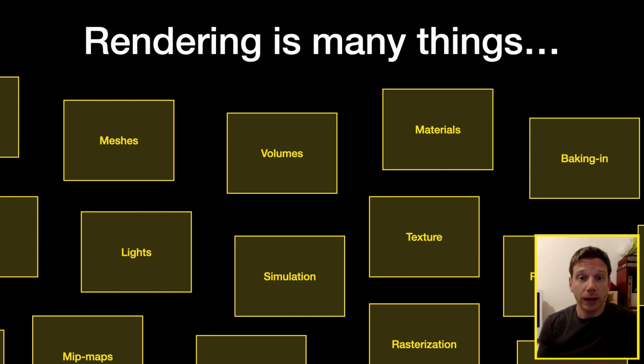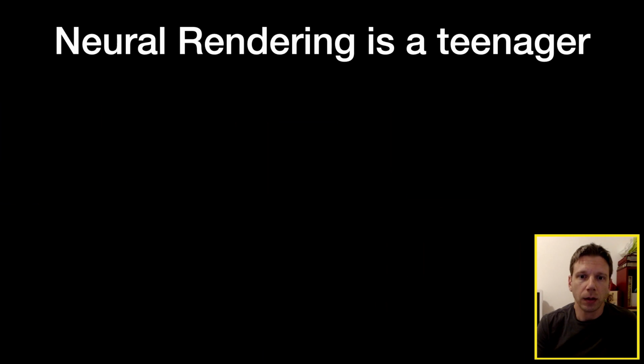So the question now is, how does neural rendering fit into all of this pre-existing infrastructure and methods and ways that we developed? Now, if you ask me, neural rendering is in its teenage years. And what do I mean by that?